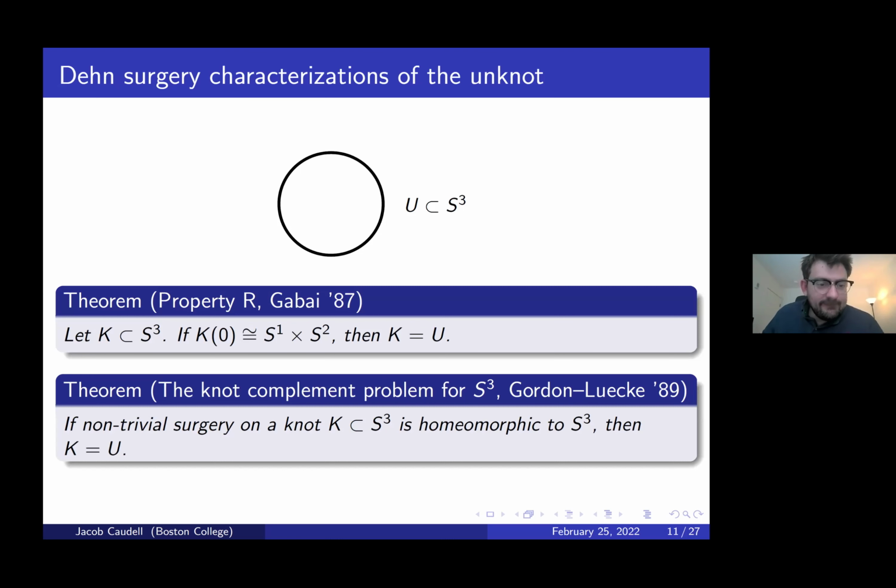And this bilinear form is given by, if you have two classes, you can find smooth surfaces embedded in X representing these classes. And then the pairing between alpha and beta is the oriented intersection number between these surfaces.